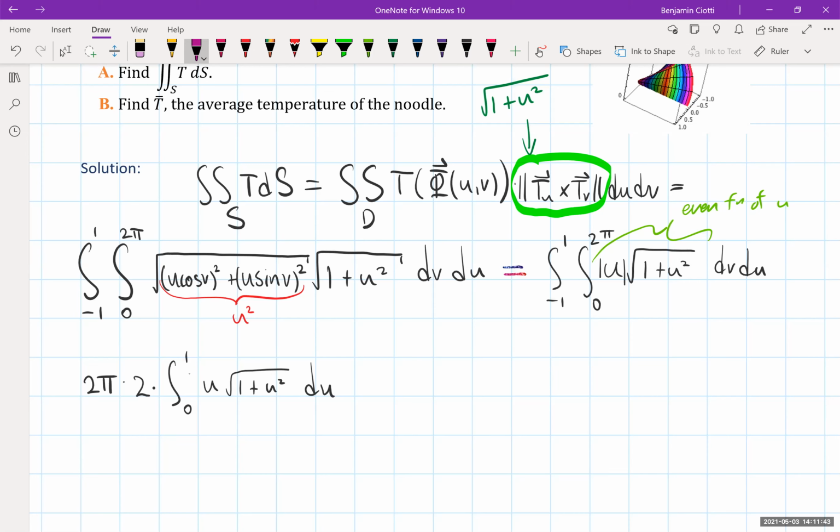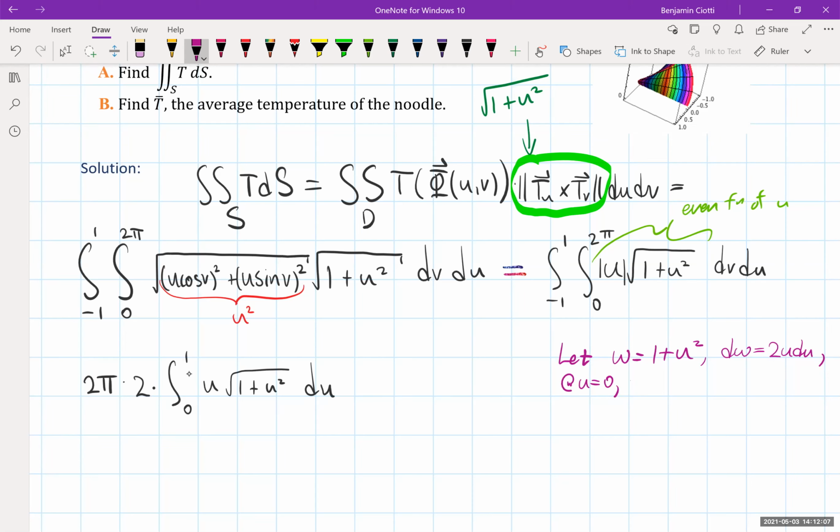I can do a substitution at this point. I'm going to let w equal 1 plus u squared. So dw is 2u du.